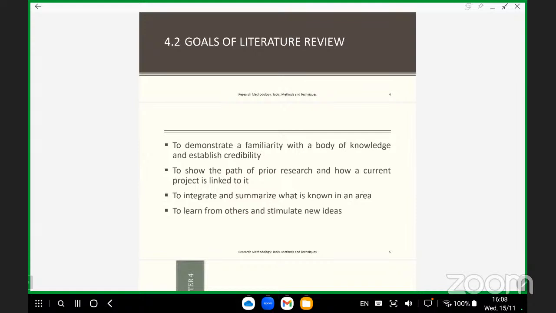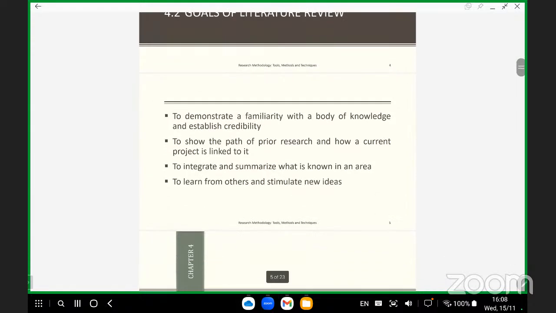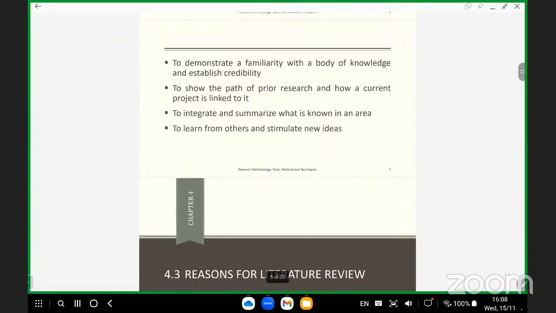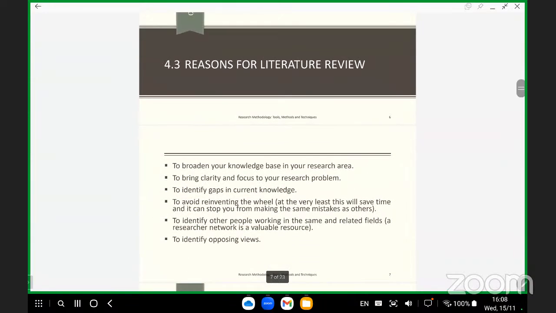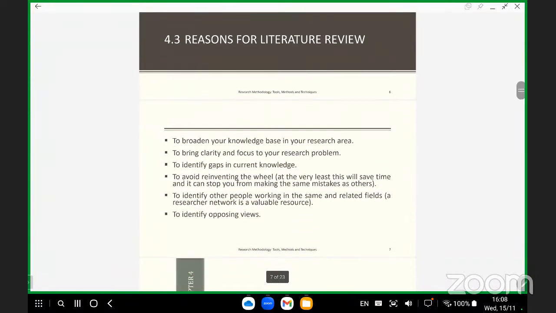Okay, itu dia literature review ni. Literature review nampak tak penting tau, tapi sebenarnya sangat-sangat penting dalam membentuk penceritaan your own research. Okay, jadi reason untuk literature review, like I said tadi, untuk broaden your knowledge, untuk guide you, clarity, and make it much clear cut that it is focusing towards your research problem, focusing towards your dependent variable, the focus of the problem itself.